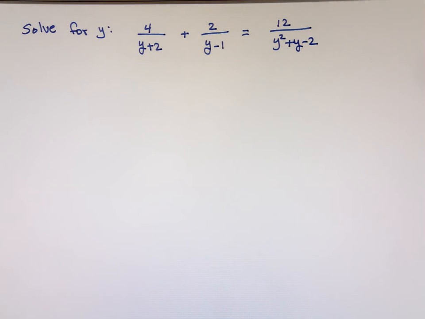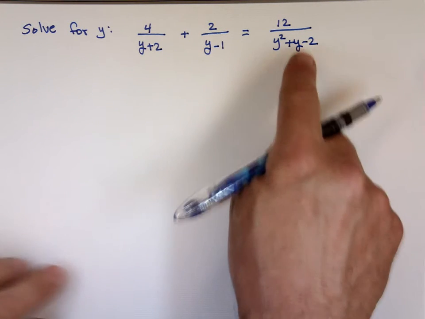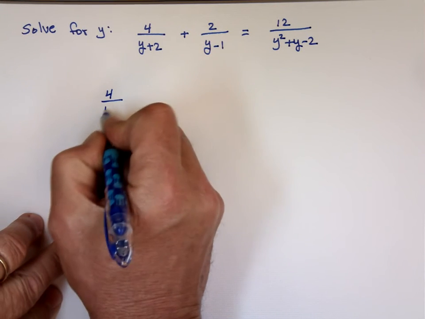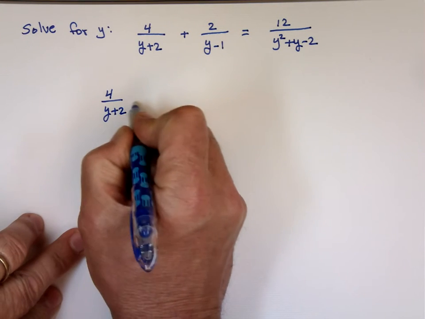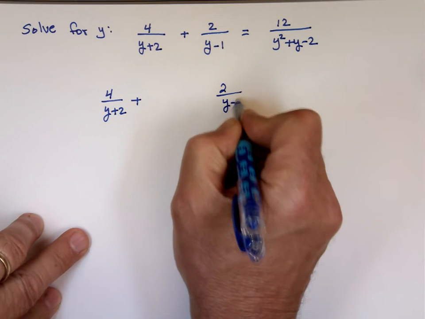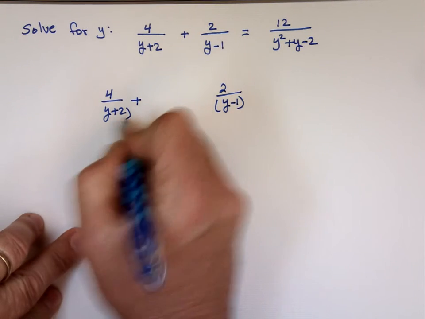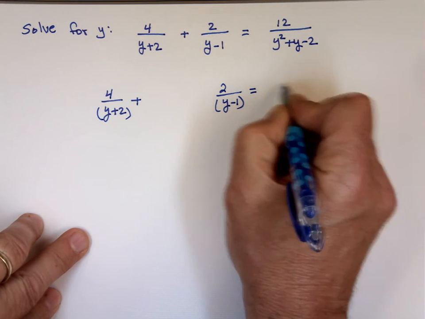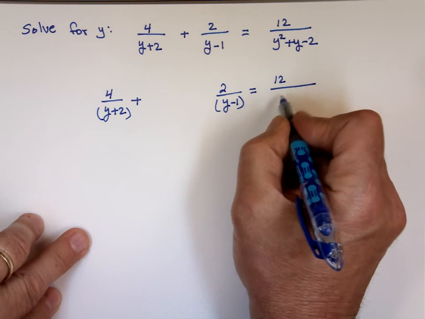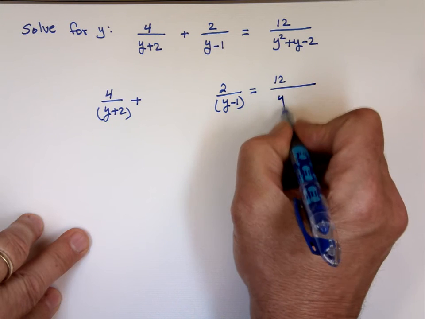Again, to find the LCD, I need to factor this one. I'm going to leave a space here. When you factor this, that's what? Y plus 2, y minus 1.